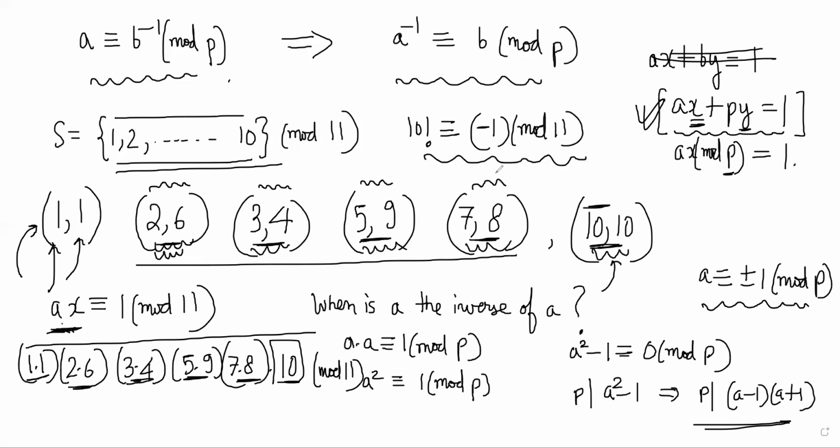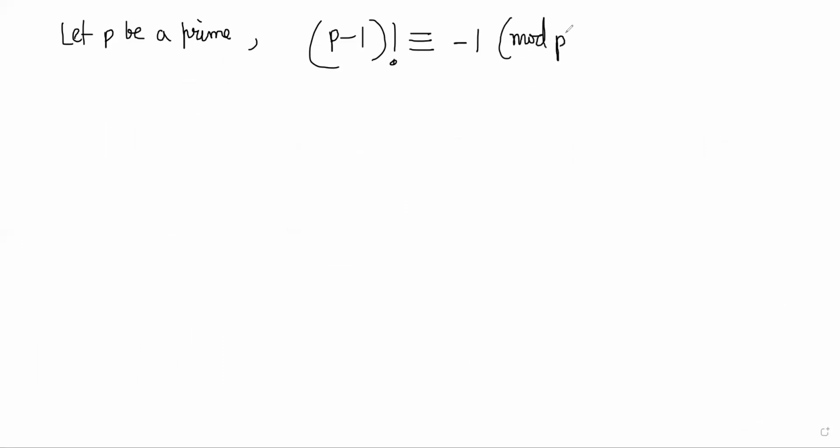So what we can say in general is, let P be a prime, then P minus 1 factorial will always be minus 1 mod P. Why? Because if P is a prime, my set S will be from 1, 2 till P minus 1.